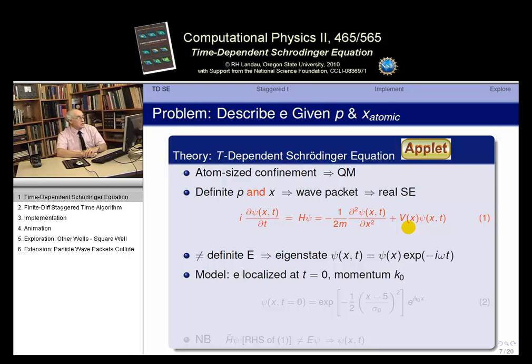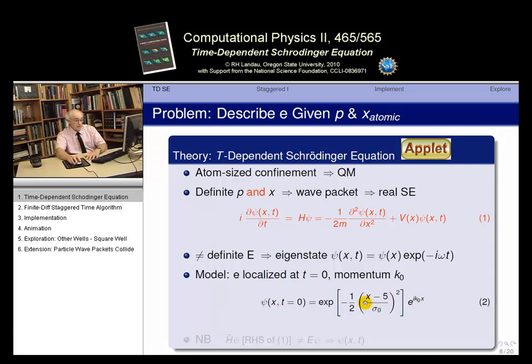This is now beginning the solution. The model is to say, okay, we start off at time 0 with an electron of momentum k0, if you want wave vector, but I use units in which h bar is equal to 1, so the momentum and wave vector are the same.